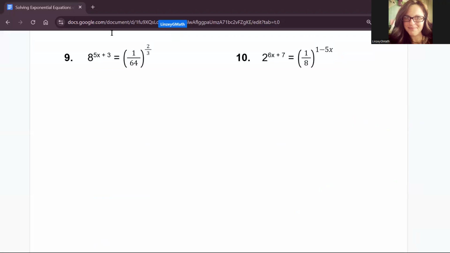All right, number 9. Let's see here. I see 1/64 raised to the 2/3 power. I'm going to use the negative exponent property, and rewrite the right-hand side of our equal sign as 64 raised to the negative 3/2 power.